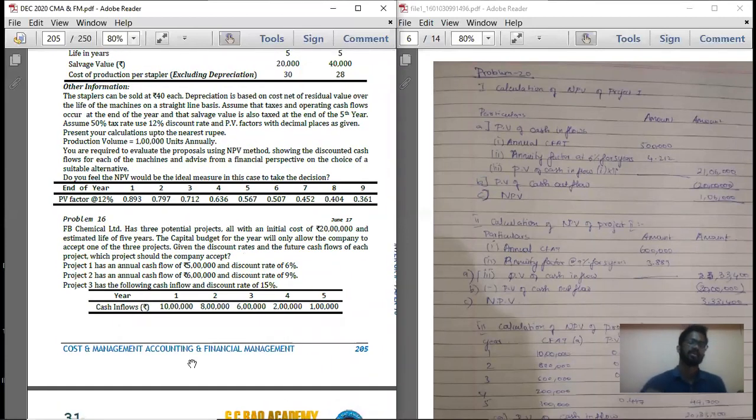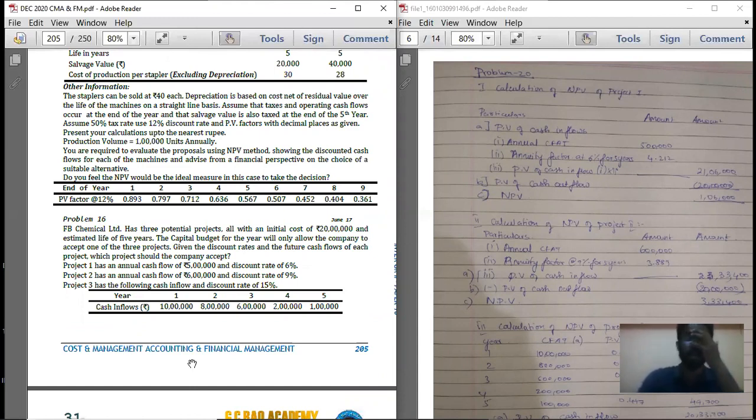First we'll read the question. See, I'm not giving a gap between two sums in the video. But if you are watching the video continuously, just pause the video once a problem is completed and go through what is there in that problem, so that it will be easy for you to understand.